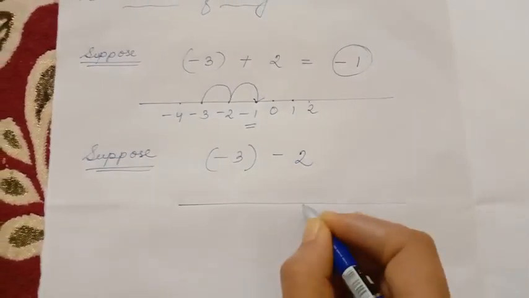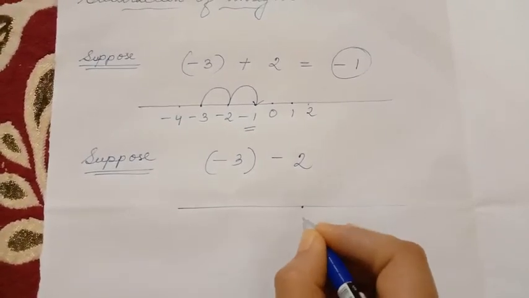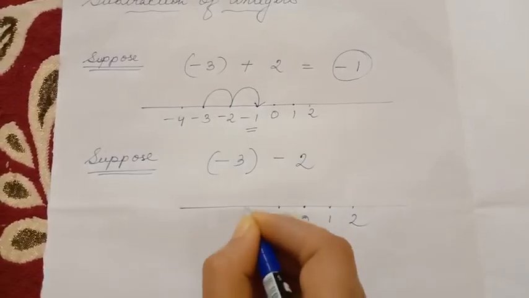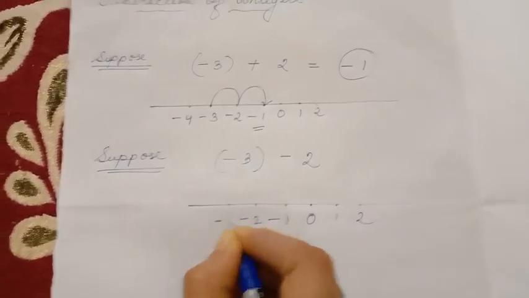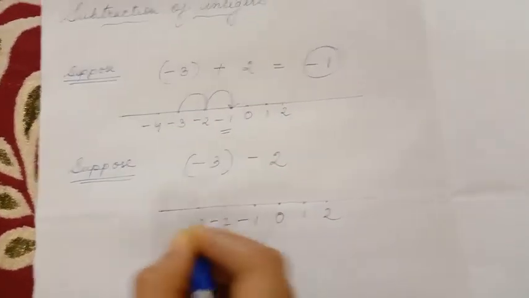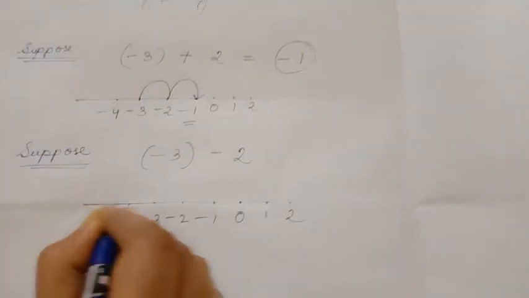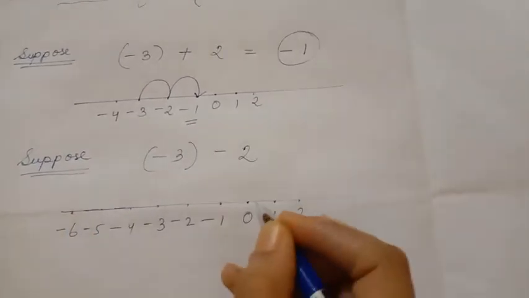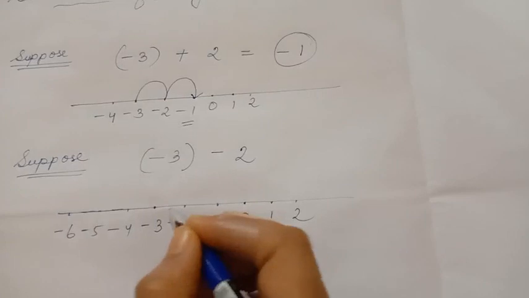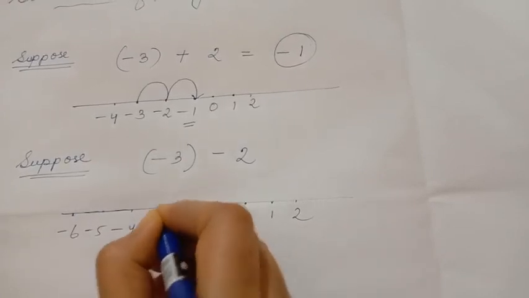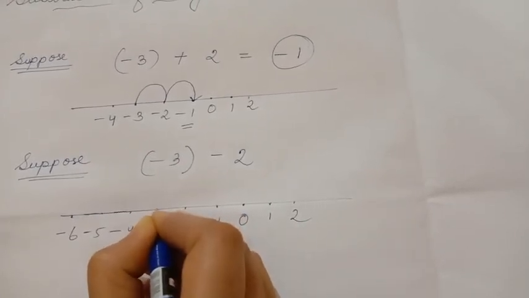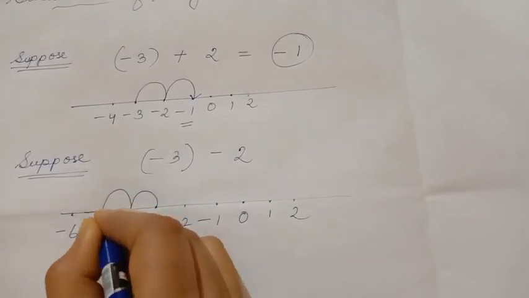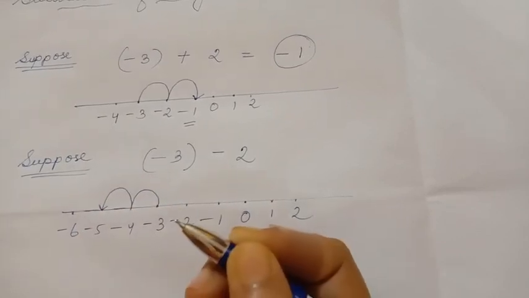Here also we have to draw the number line. Okay, so same, we have to start from -3, but that time we have to move to the left 2 units.